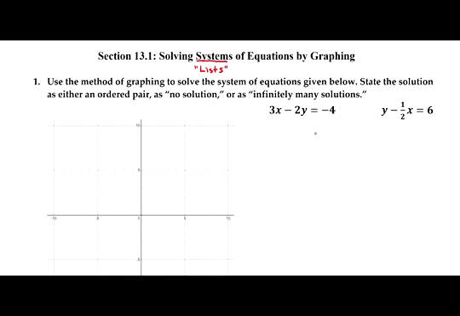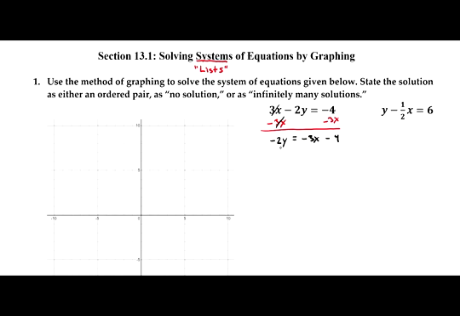All right, so let's graph these lines, and let's use the methods that we've been using previously. Solve for y. Rearrange the equation so it's in y equals mx plus b form. Okay, so we could start off by subtracting 3x from both sides. So those 3x's will cancel. On the left, we have negative 2y is equal to negative 3x minus 4.